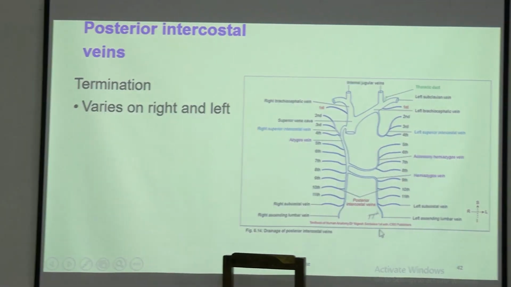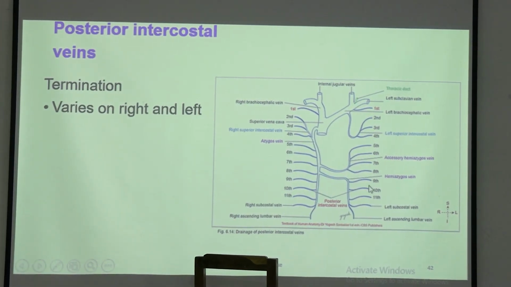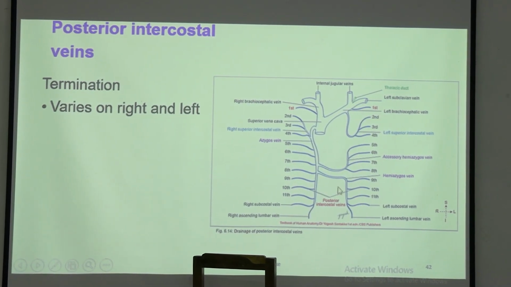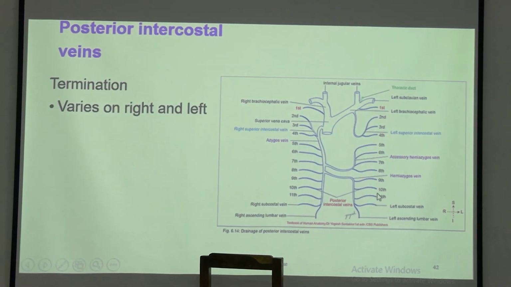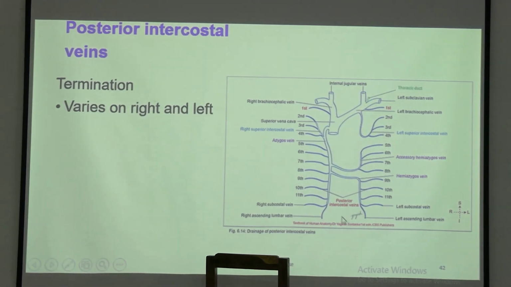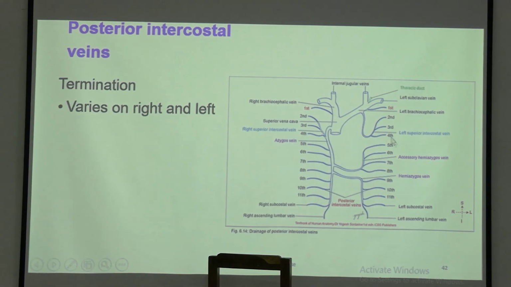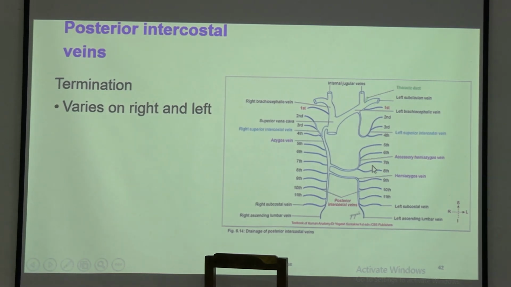So it is called the azygos vein. On the right side we get the azygos vein. On the left side there are two sets of veins, which look like half. This is called hemiazygos vein and this is the accessory hemiazygos vein.